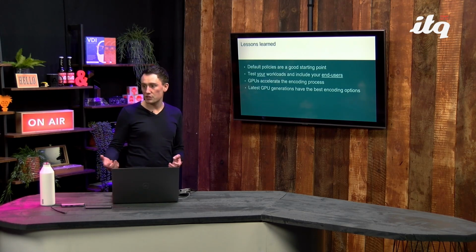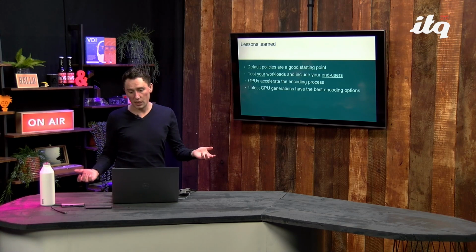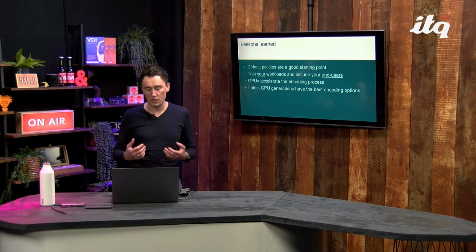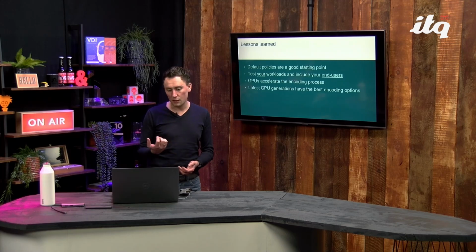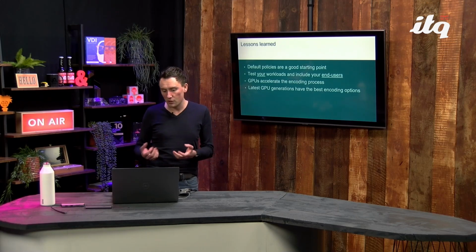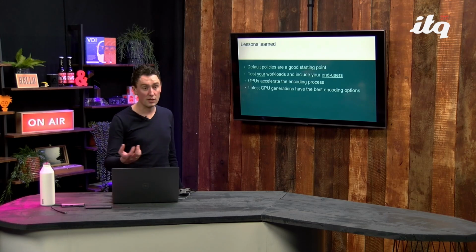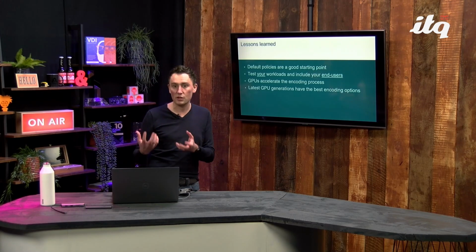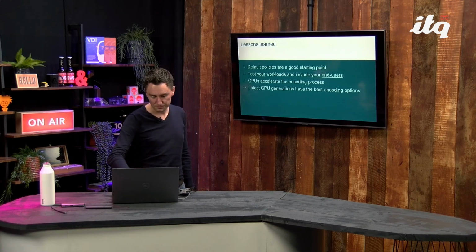If you buy the latest NVIDIA or Intel generation, you will get the ability to use AV1, which will give you so much more quality than using H264, for example. I would really recommend looking into the latest generations if you're buying new hardware. Even though it might be a bit more expensive, you get not only better performance from that generation, but also the new video codecs that you can leverage.